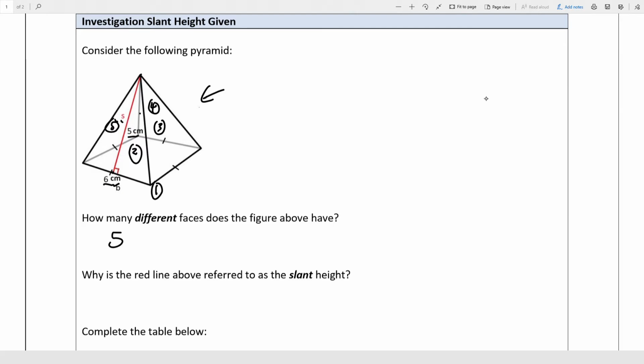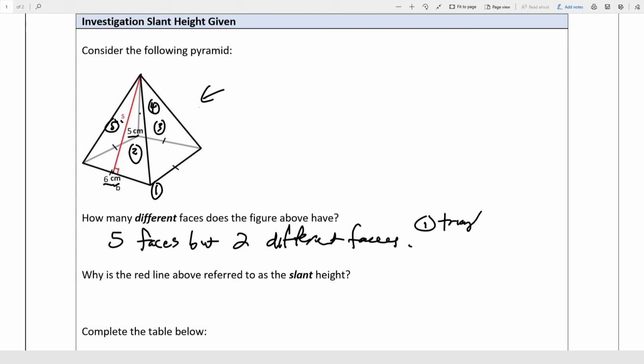So there are 5 faces, but there are only 2 different faces. There's the triangle, because all the triangles are the same. They have the same base, and they have the same slant height. So the triangle, and then the second one is the square. So there are only 2 different faces, but 5 faces in total.